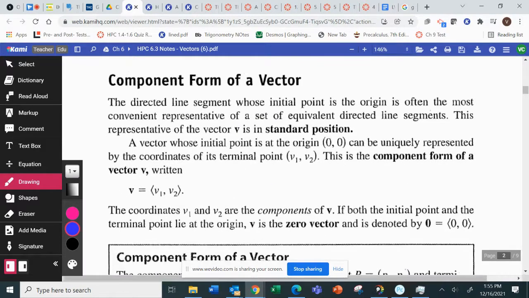Next, component form of a vector. Again, a lot of vocabulary. Component form of a vector, we are going to take, and it's written down below, but I'm just going to write it up here as I'm talking about it. We're going to take a horizontal change, comma, a vertical change.